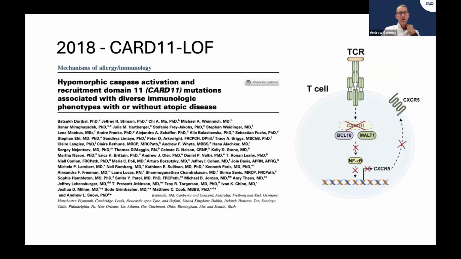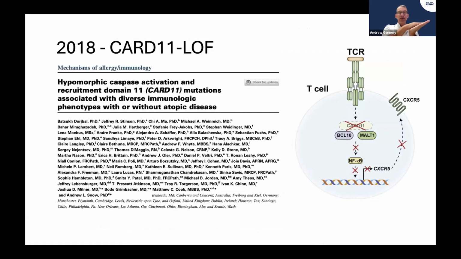The next step was in 2018 with the identification of CARD11 loss of function mutations. Anna already alluded to that. So this is a very important paper: not only gain of function mutations, which cause BENTA syndrome, are present in CARD11, there are also loss of function mutations. And you may recall that there are also CARD11 complete knockout patients leading to severe combined immunodeficiency.